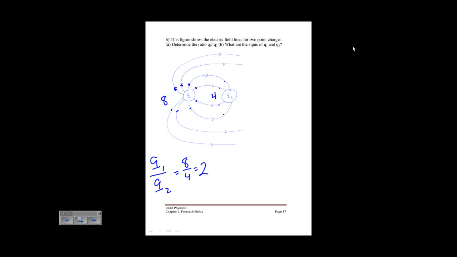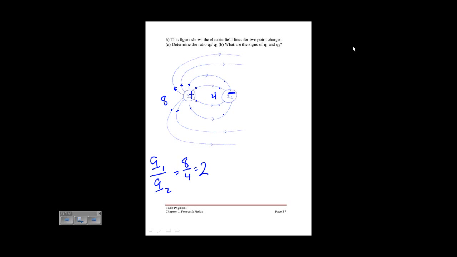Alright, because it has more field lines. It has more field lines, rather, because it has a bigger charge. So there's a greater electric field around Q1 than there is around Q2. Now, for the signs, need to remember that electric fields originate in positive charges and end at negative charges. So Q1 is positive and Q2 is negative.